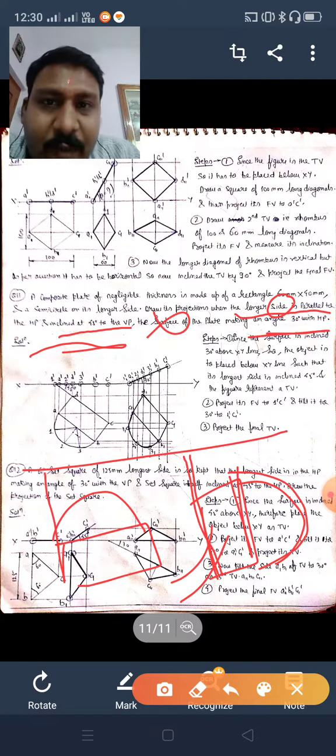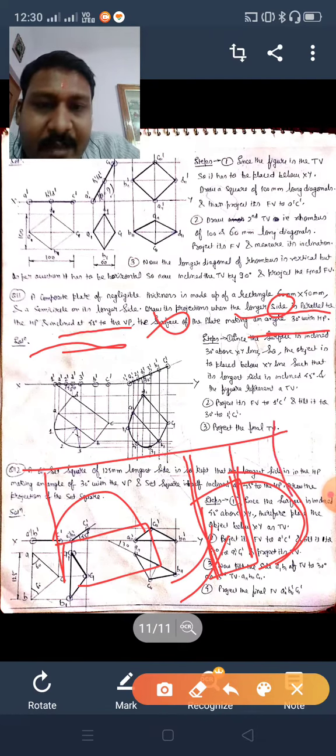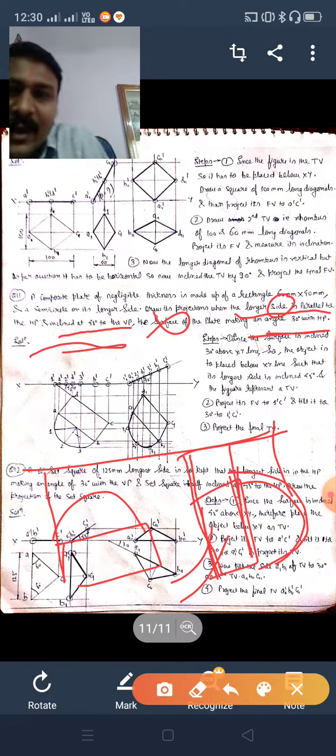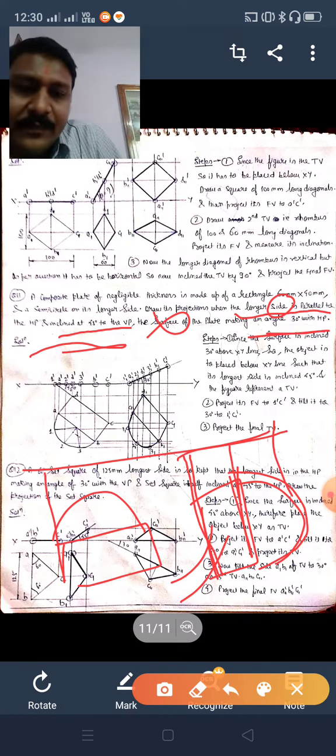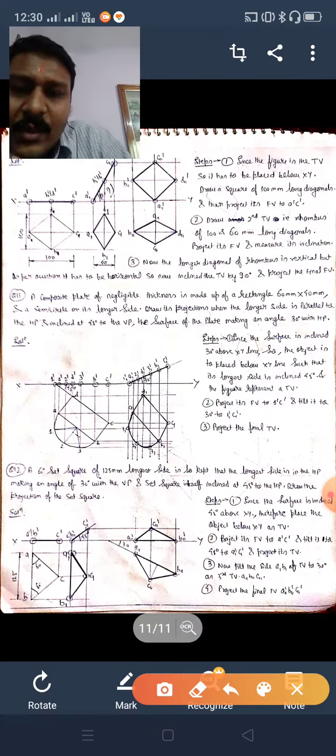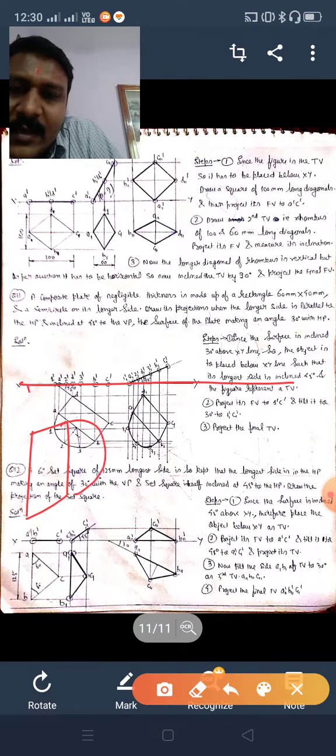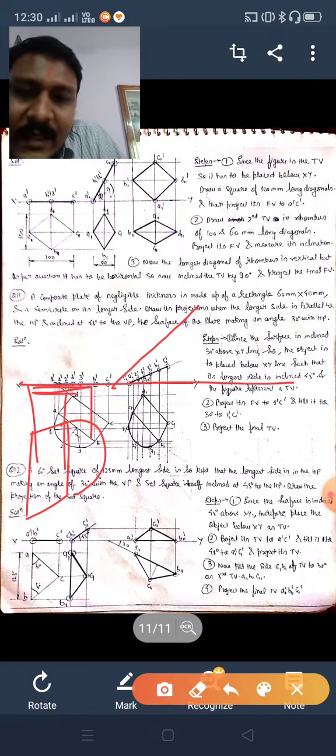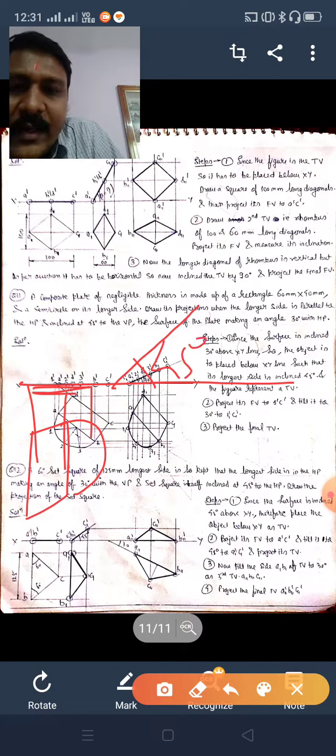Then you have to draw 3 figures. In the first figure you draw like this. Draw the semicircle, project here, get the plane, incline this plane. What is the inclination? 45 degree to HP. Draw 45 degree inclination of plane, put this plane here, project here.